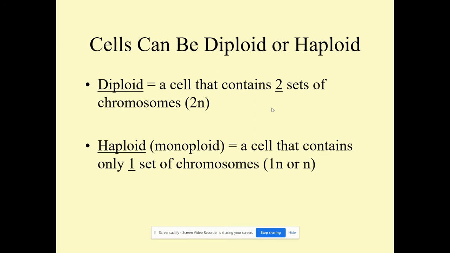If a cell only had one of each chromosome, it would be called haploid. You can represent them mathematically too. A diploid cell is represented by the symbol 2n, meaning there are 2 of every chromosome, and haploid is represented by 1n, meaning there's only 1 of each chromosome. Trust me, these are fundamental biology terms that are used a lot, the idea of a diploid and a haploid cell.